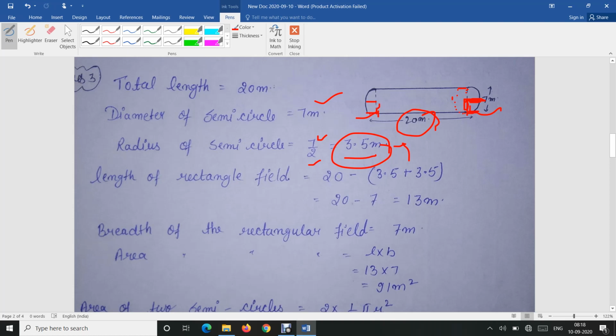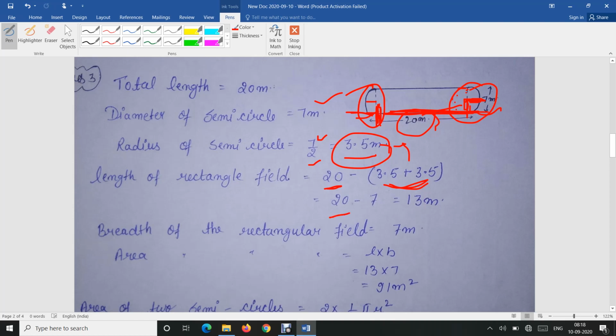In this way we can find the length of the rectangle, that means from this point to this point, after cutting from this point to there and from this point to there, then we will have the length of this portion. That's why we subtract 3.5 two times from 20, because 3.5 is for this and 3.5 is for this.